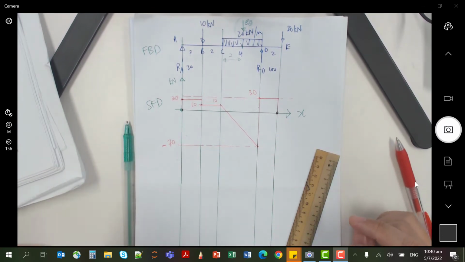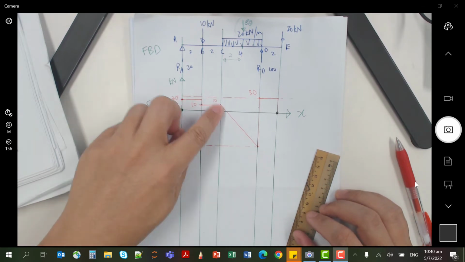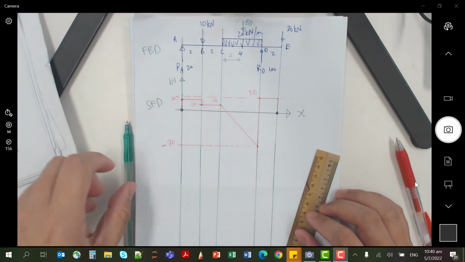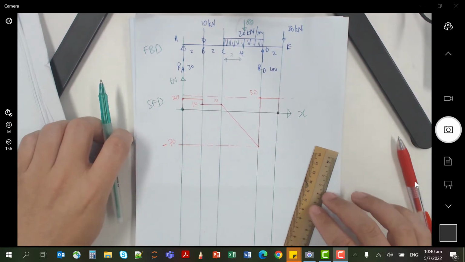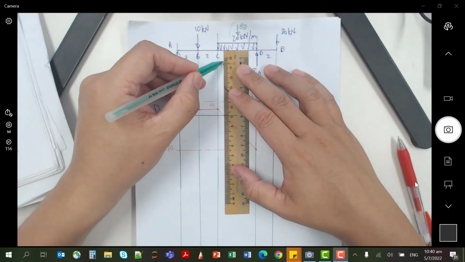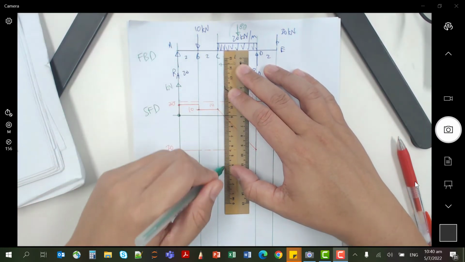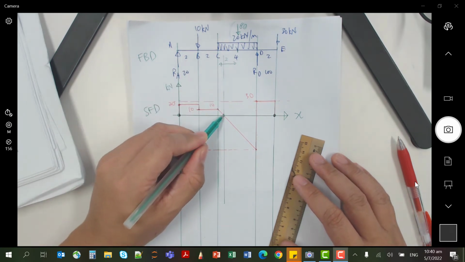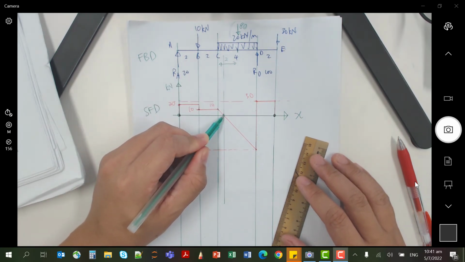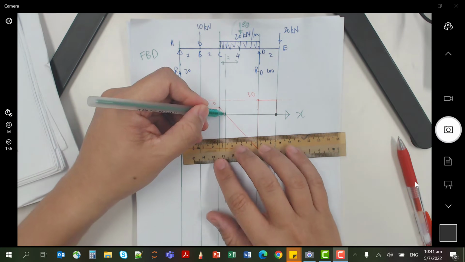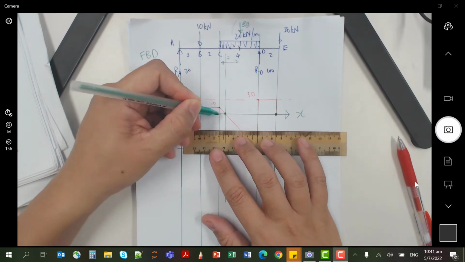But before that, because of this UDL, which causes this shear force, it inherently creates an extra point that we have to pay attention to. It is this point here, because at this point the shear force intersects at 0. So we have to find out what is the distance that intersects.